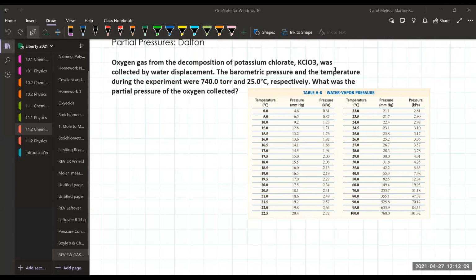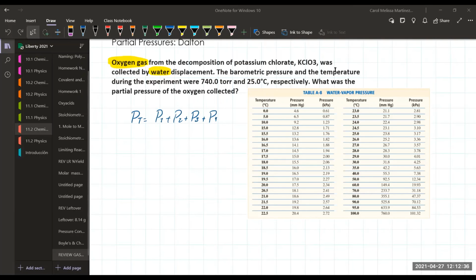So, in Dalton, we have that total pressure is equal to the pressure of the gases. So it depends on the amount of gases that you are going to have. Here in this exercise, we have oxygen gas and water, but in this case we are talking about water vapor, because that is the gaseous state of water.